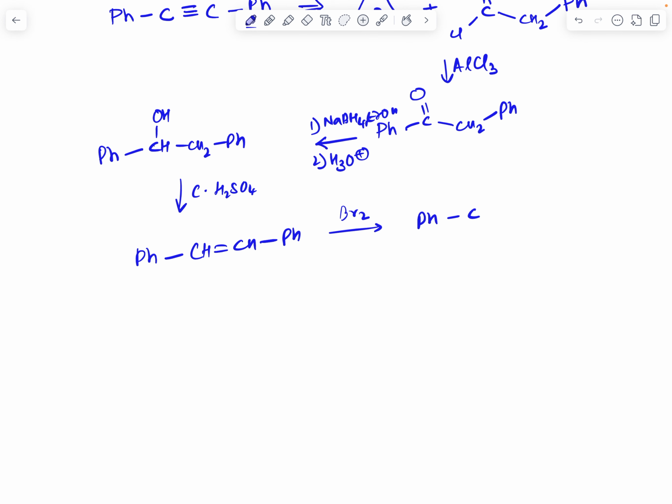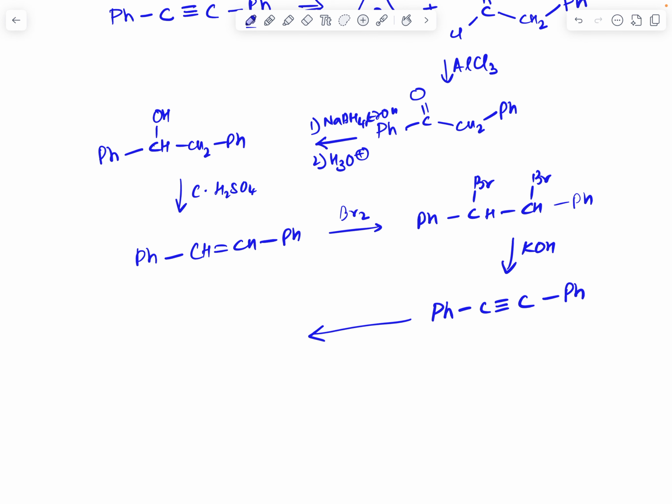And then what that's going to do is put a bromine out here and put another bromine out here. And then I'm going to add a strong base, KOH. You could use something like NaNH2 as well, but KOH should work. And what that does is it'll do an E2 elimination and remove this hydrogen and that bromine and this hydrogen and that bromine, leaving behind PhC triple bond CPh.